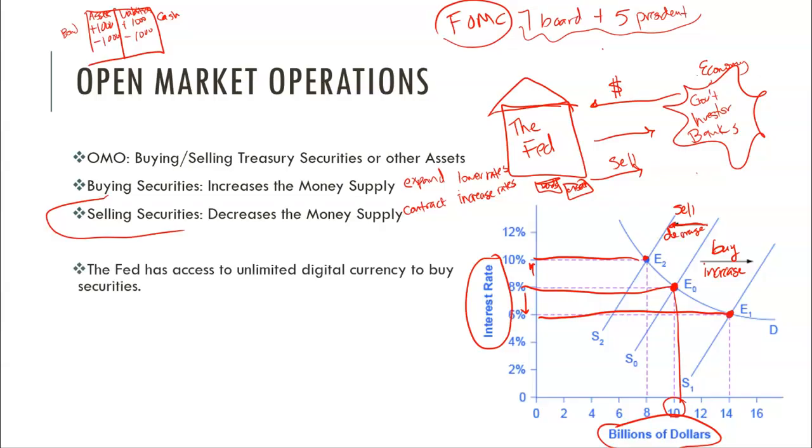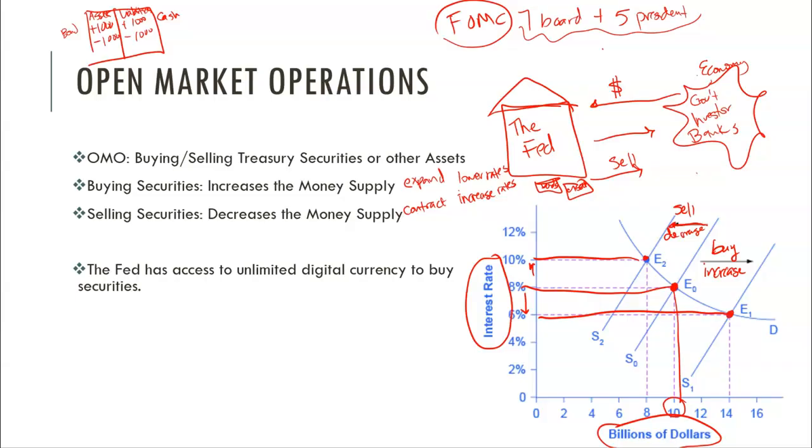So the Fed has access to unlimited digital currency to buy securities. Now, the type of securities they purchase and the amount is currently decided by the Board of Governors, the FOMC. They sort of make all of those policies and general practices. So because they have access to unlimited digital currency, the main limit on how many assets they can buy is just what's available for sale in the market.